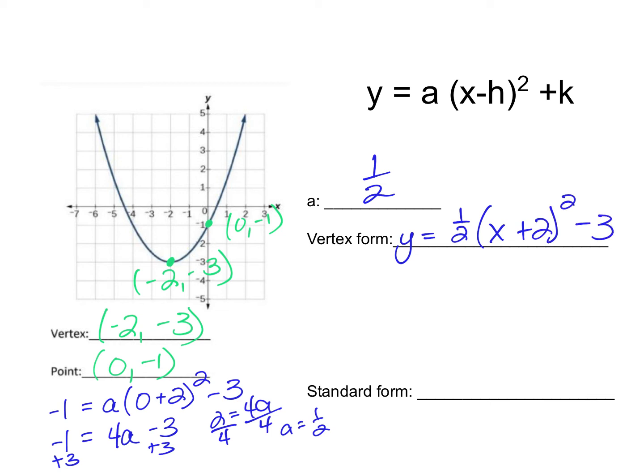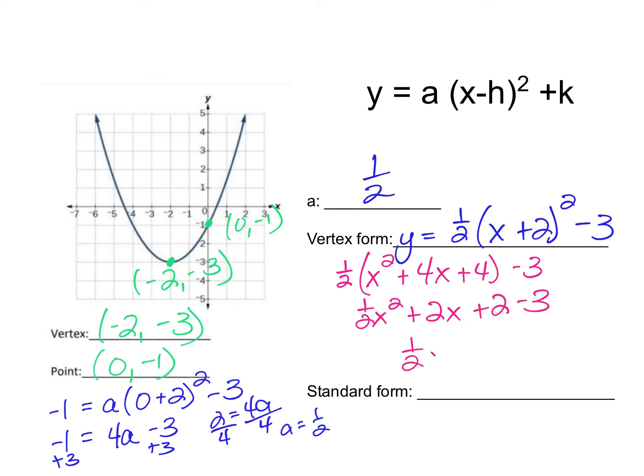Now we're going to take it to standard form. So here we go, 1/2. I'm going to square X plus 2. So this would be X squared plus 4X plus 4, and then minus 3. So 1/2 X squared plus 2X plus 2 minus 3.